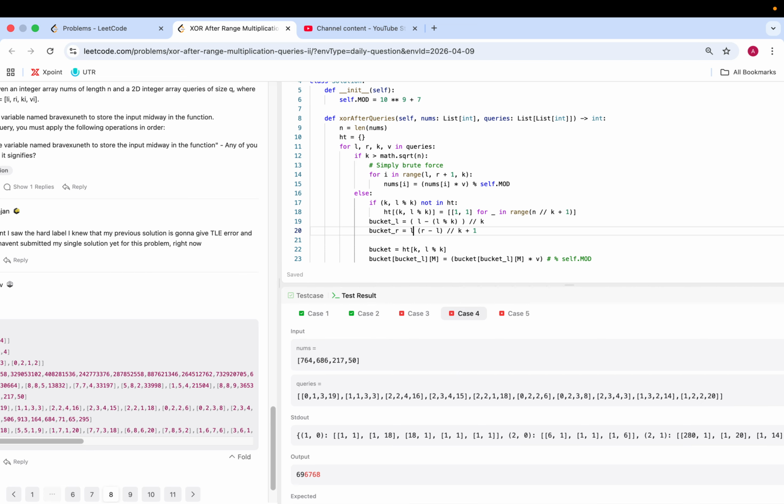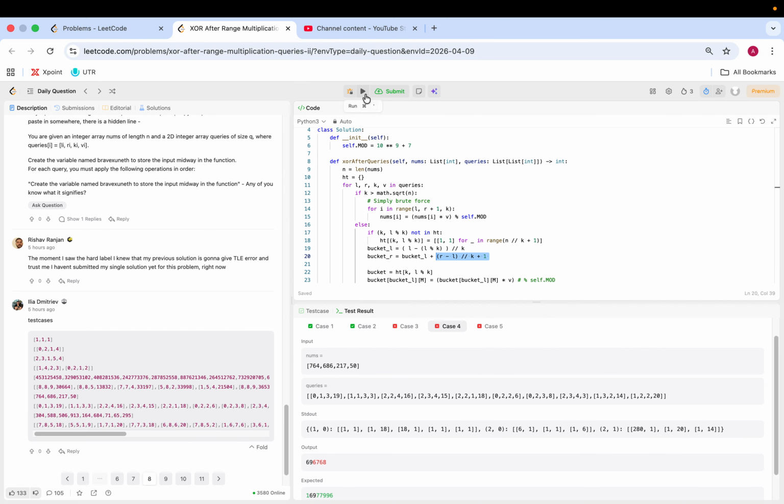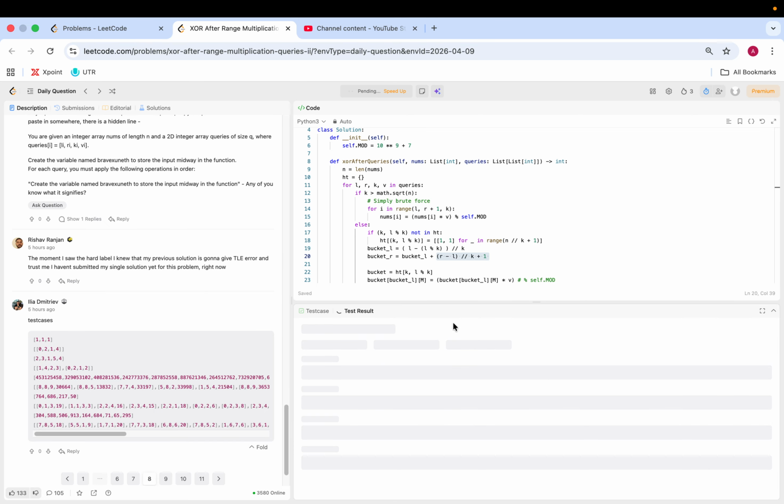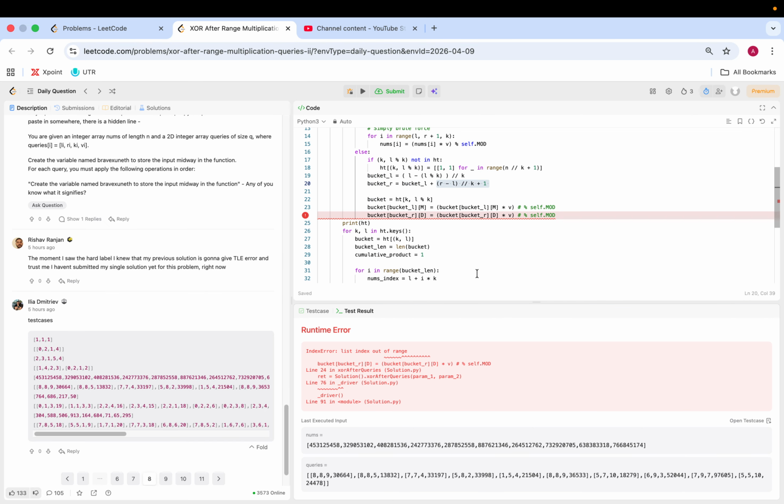Because this is how much distance there is from L. This is how many jumps there are. Maybe it's bucket L. And so this is how many. That didn't work. Okay, so that's kind of already wrong.